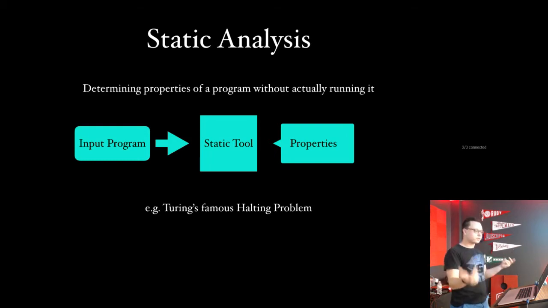The canonical example of this is Turing's halting problem. The halting problem is maybe the first static analysis problem discussed. Turing was trying to address the question of, can I write an algorithm that will look at a program and determine whether or not it will loop infinitely? Or will I always be able to know whether or not it's going to loop infinitely? And the conclusion is, sometimes you can look at a program and say, yeah, it will definitely loop infinitely.